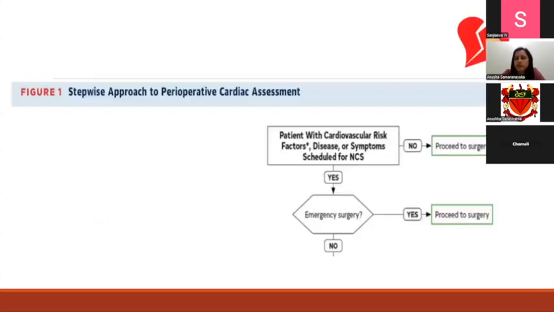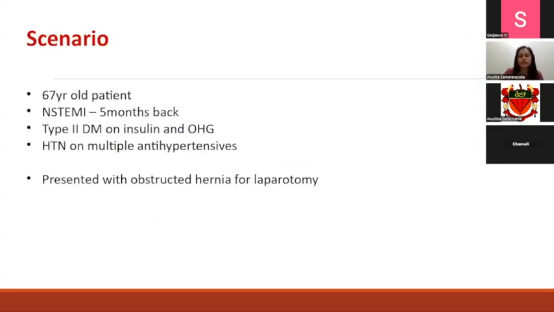If we go for another example, a semi-urgent surgery, where there is not much urgency, not an emergency surgery and not an elective surgery either. For example, a 67-year-old patient who was diagnosed with STEMI 5 months back.